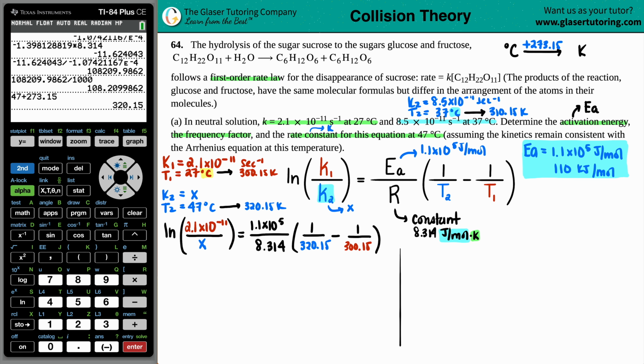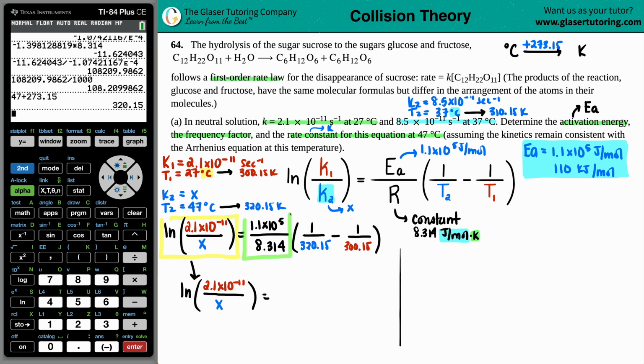So for now, the first blocking, right? I can't do anything with this because the X value now is in the natural log. So that's just going to be ln of the 2.1 times 10 to the negative 11th, and then for X equals do the second blocking.